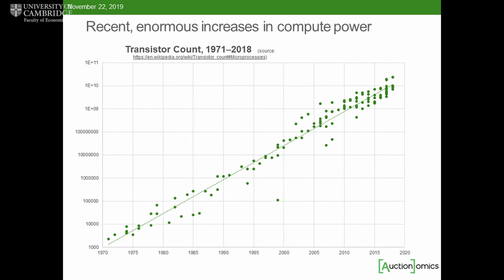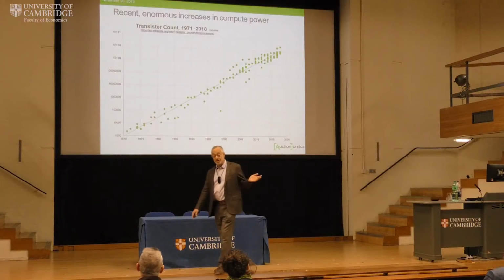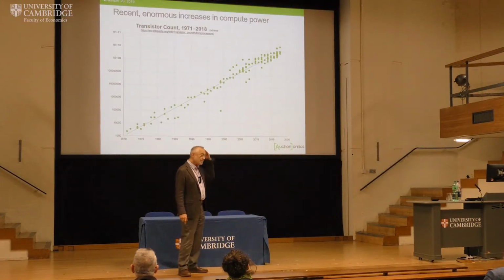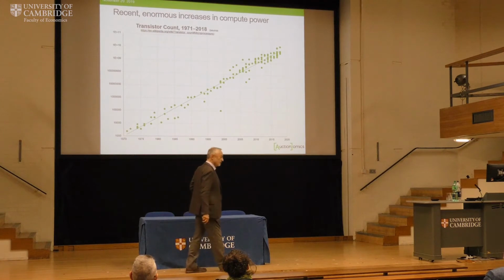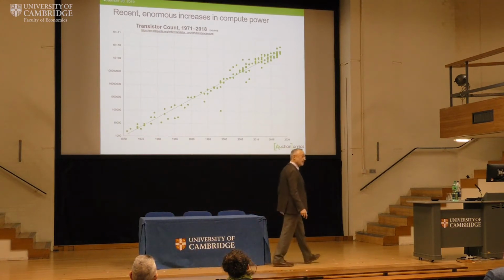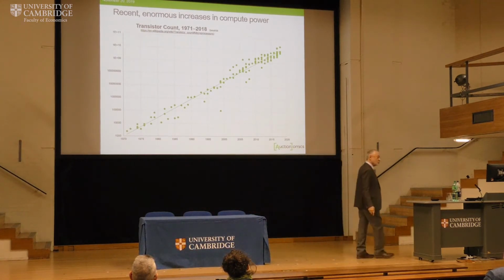Okay, so the first thing you need to know about all of this is all this stuff that I'm reporting, including the simulations I'm reporting here, would not have been possible not long ago. This is a graph from Wikipedia, and this is just about transistor counts and what's happened from 1970 to 2019. And if you guys haven't seen a picture like this before, it's extraordinary, right?